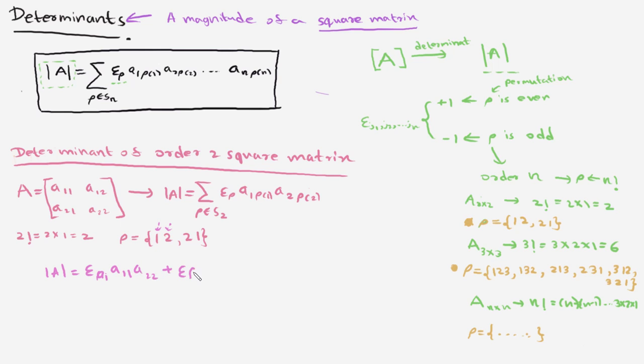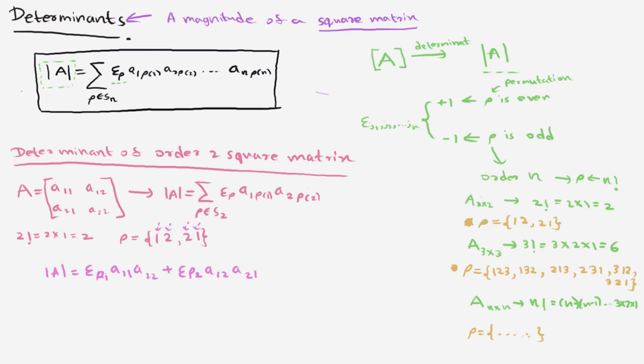And if I consider the second permutation, A1 belongs to 2 and A2 belongs to 1. That is the way we expand the permutation formula. So now we need to identify these specific signs. So how do we generate them?